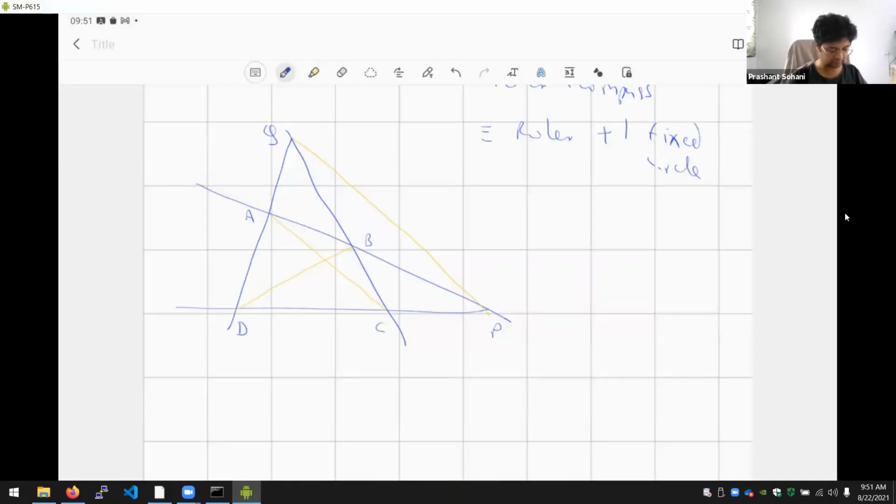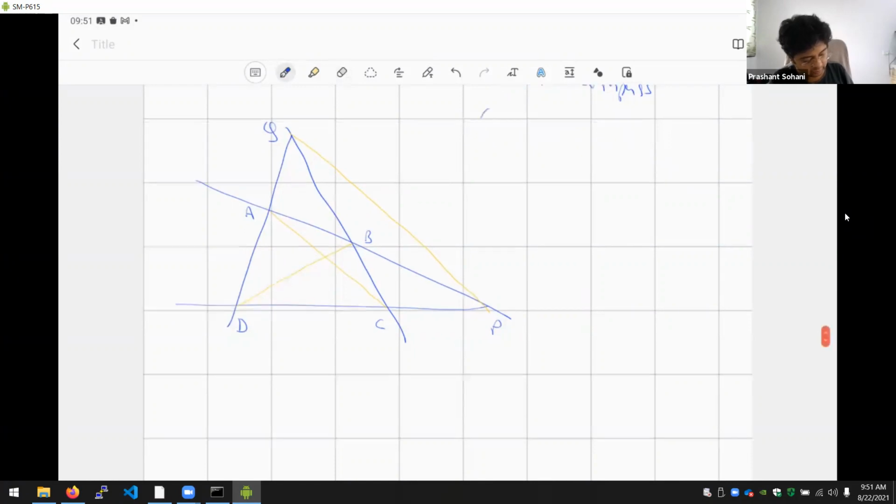Basically, the blue lines are the four sides of the quadrilateral, and so in general, when you have four lines, they will intersect in 4 choose 2, which is 6 points, right? So in general, when we draw a quadrilateral, we just draw the 4 points A, B, C, D. But really, if we want to draw all the intersection points of these lines, then we have to draw P and Q also. So there is a name to this diagram actually. This is called a complete quadrilateral.